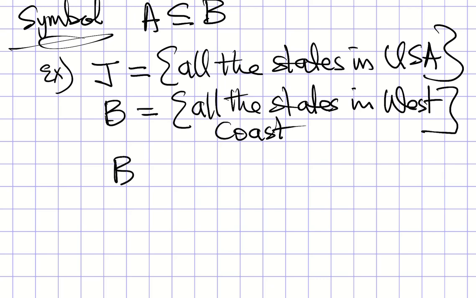Notice that B is a subset of J, because all the states in the western coast of the United States are also in the bigger set J, which is the set of all the states in United States. So that's what I want you to take away from that.